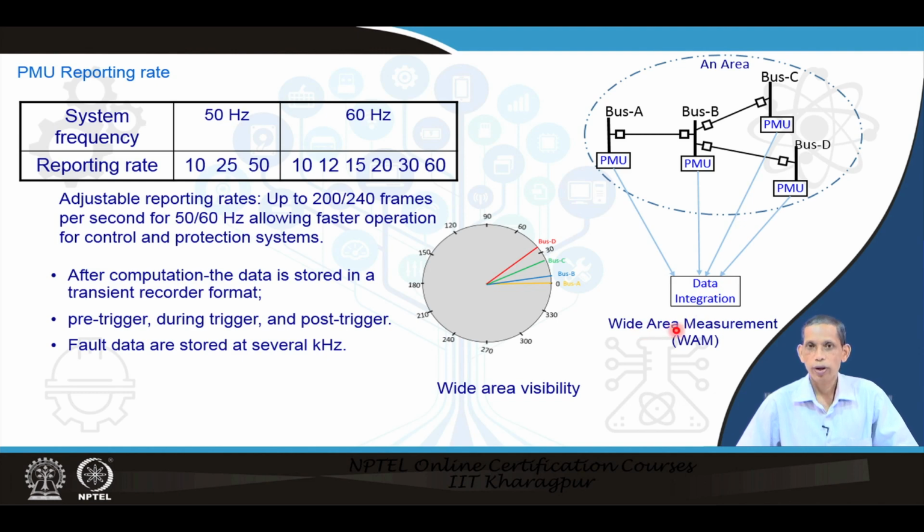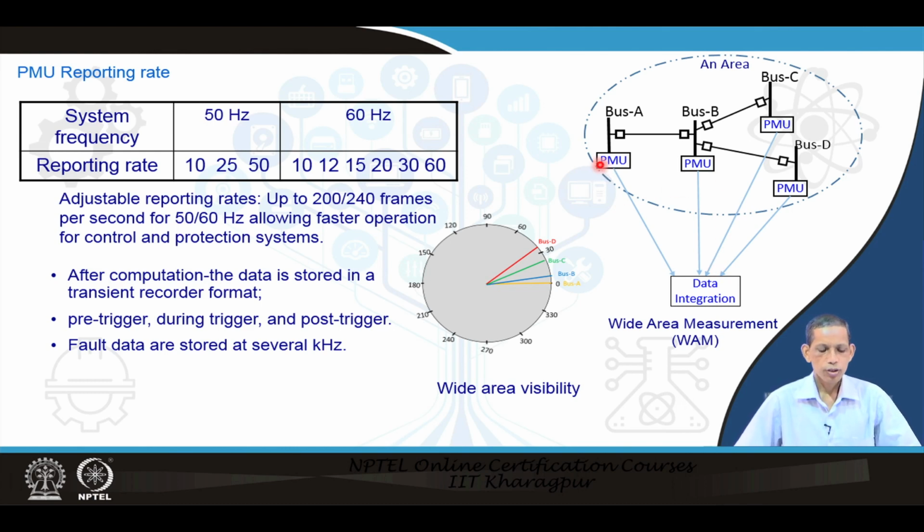We call this a wide area measurement system, because it may be a very large area. A grid may have several such areas where the corresponding data are collected, and each area's data may again be transmitted to a particular centralized destination.